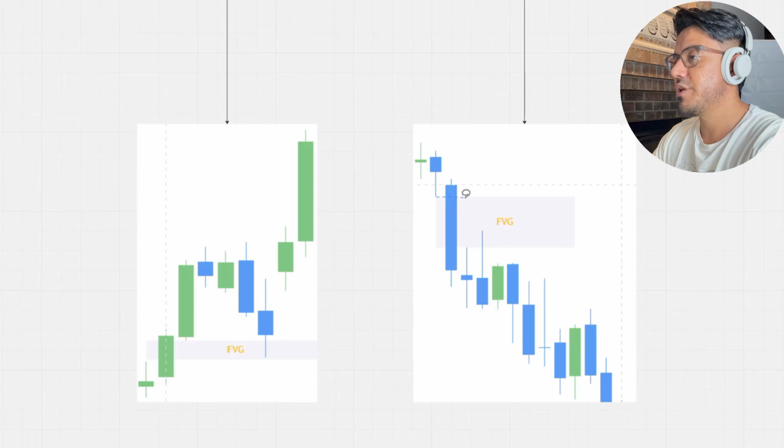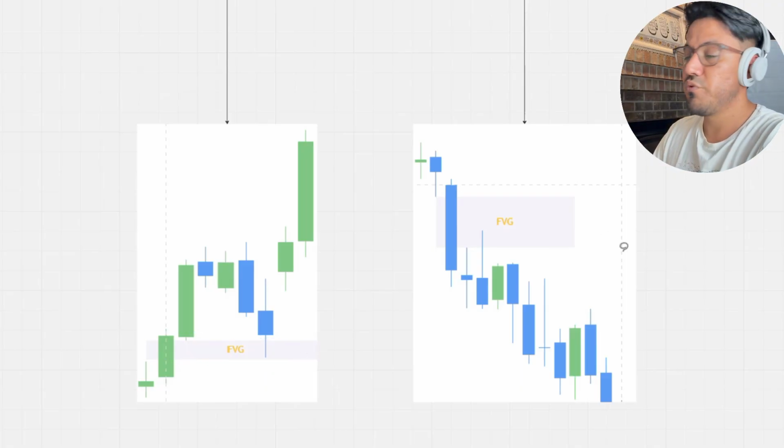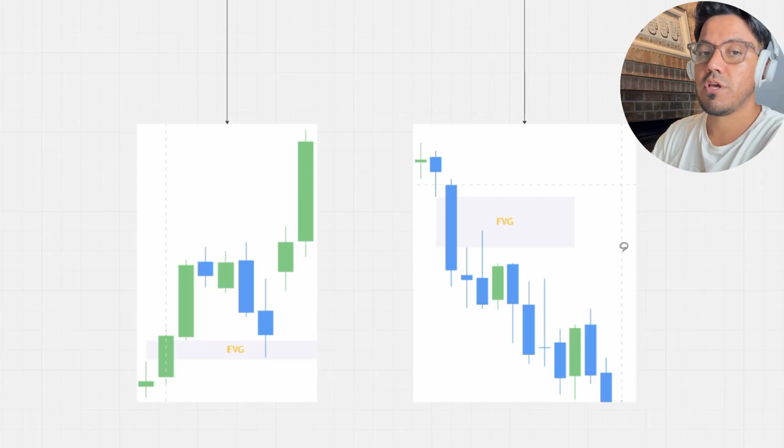There is a vacuum between the first candle and the third candle. This is basically a liquidity pool. Also here, this is a liquidity zone or pool. As soon as it grabs the liquidity, it moves back to its original trajectory.